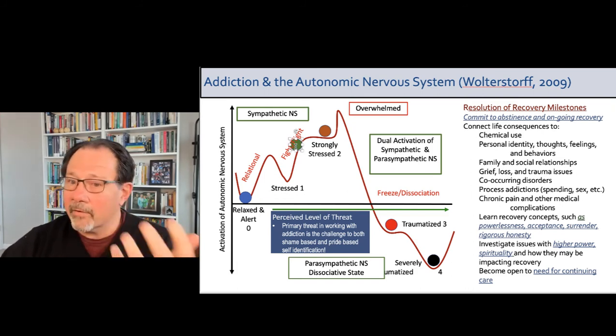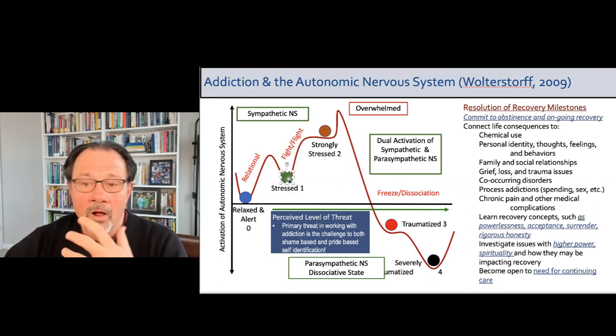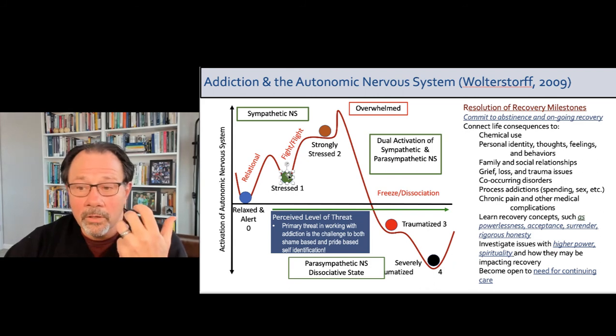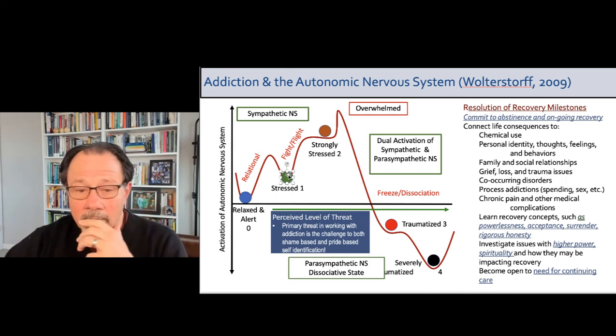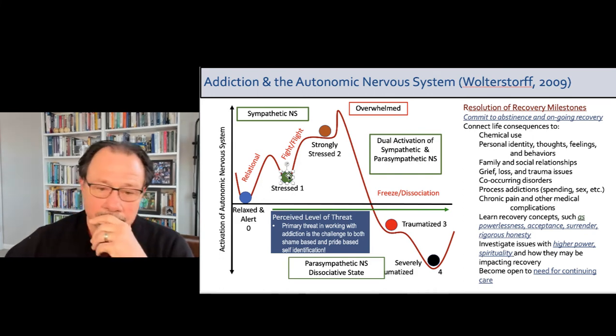And trying to have a meaningful conversation with that person is difficult, and that's why we don't do that. But at home, one of the things we want to talk about in the family program is how do we manage these marbles in order to allow for more useful and helpful conversations.